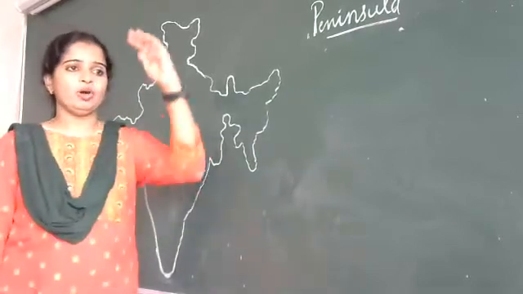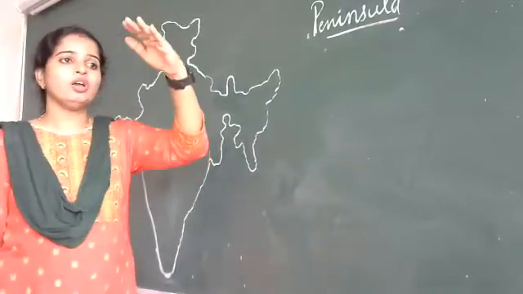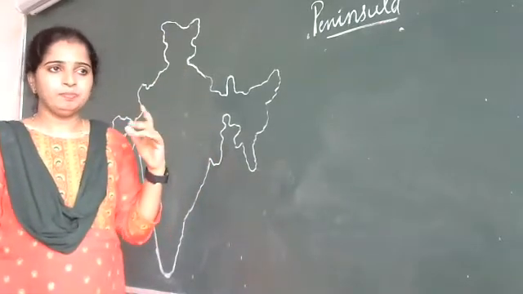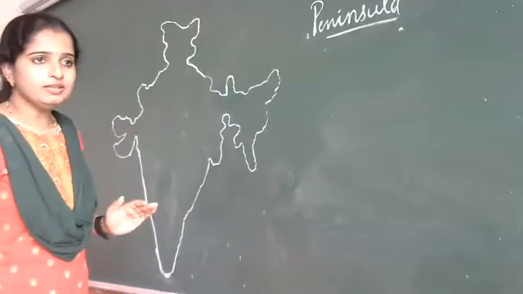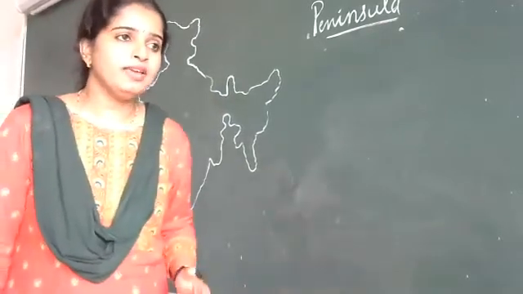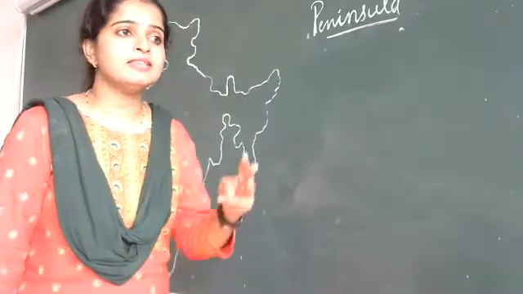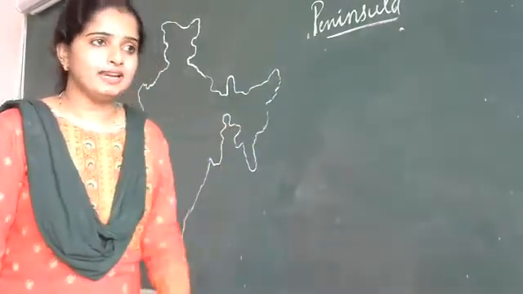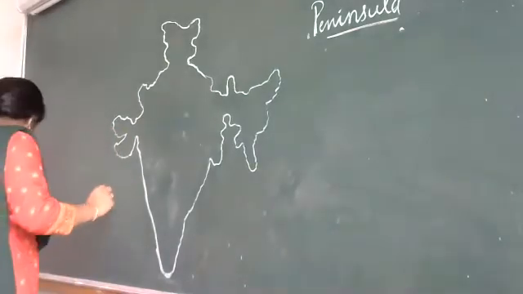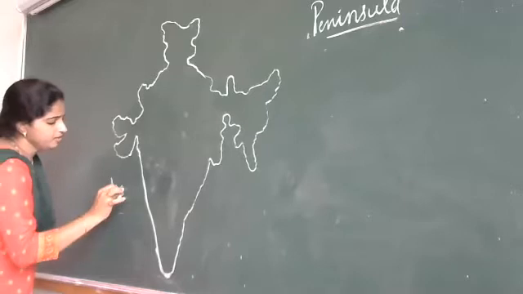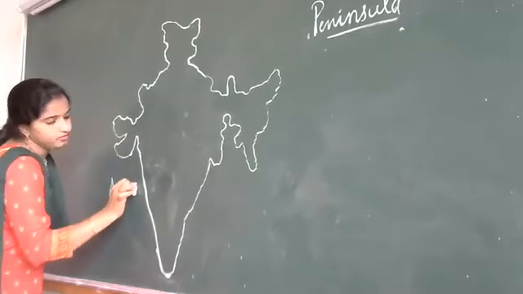Don't say down or up, say south, north, east and west. Okay? The southern part of India is called a peninsula. Why? Because it is surrounded by water from three sides. Here, which sea?